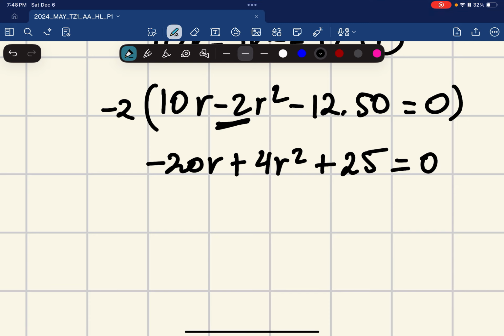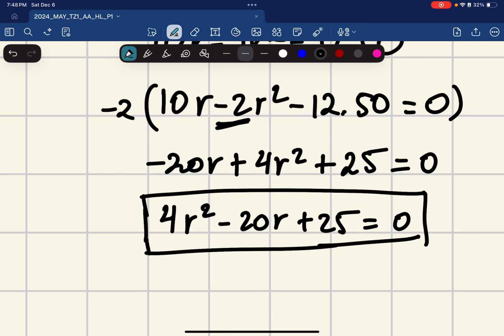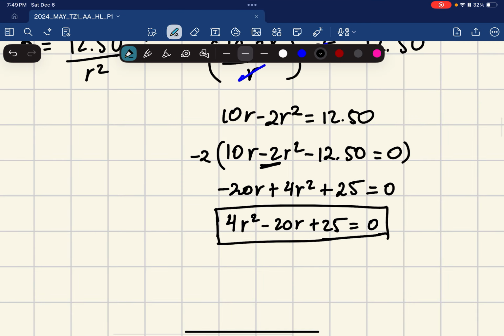And I can rearrange it in terms of the leading coefficient, the leading exponent if you want. So this will become 4r squared minus 20r plus 25 is equal to 0. And that is exactly what IB wanted us to find. So that's for question A.